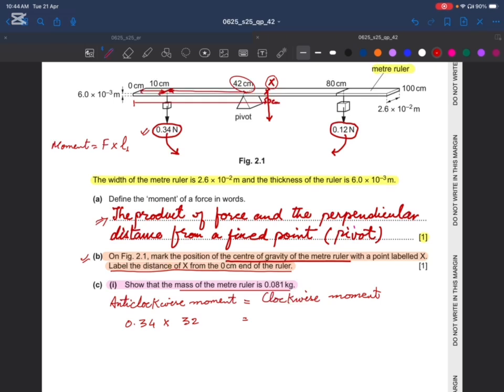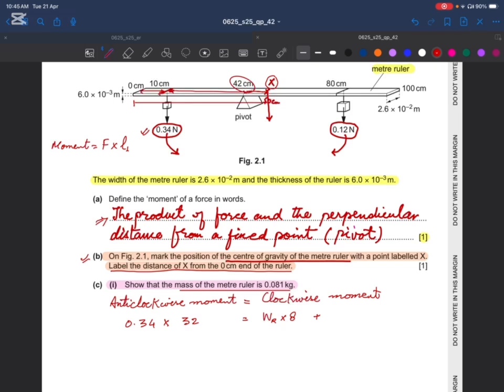The distance from the pivot, 50 to 42, is 8, and the force is the weight of the ruler. So I am writing WR into 8. As far as the distance unit is concerned, all distances are measured in centimeters, so you need not mention the unit here, just the values.